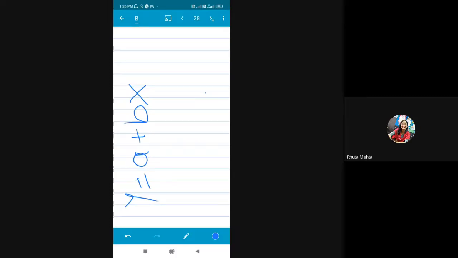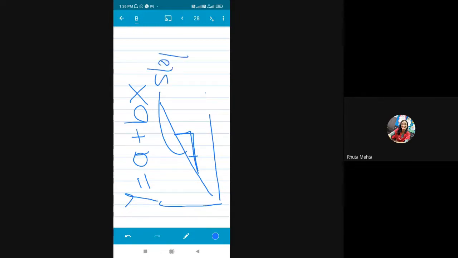So where we are talking about a plus bx, the linear equation. Very good. In this linear equation, this is going to be a straight line. Now this is going to be the slope.